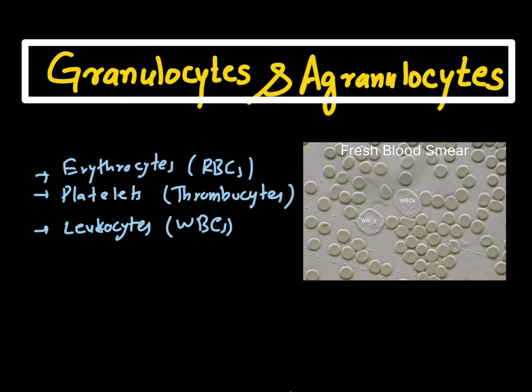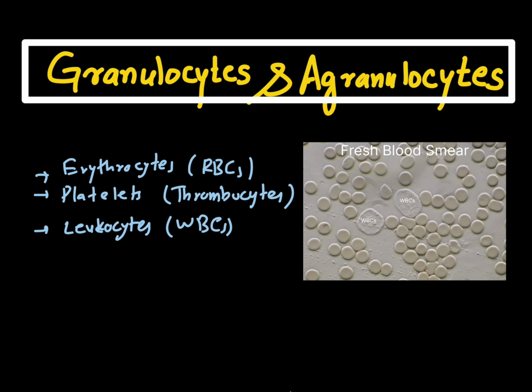Now here is an important thing. After staining, right? Whenever we have to observe things, we stain them. After staining, when we observe these cells, white blood cells under microscope, they are not actually white, right? They may appear purple, blue, or have different shades depending upon the stain that we have used.